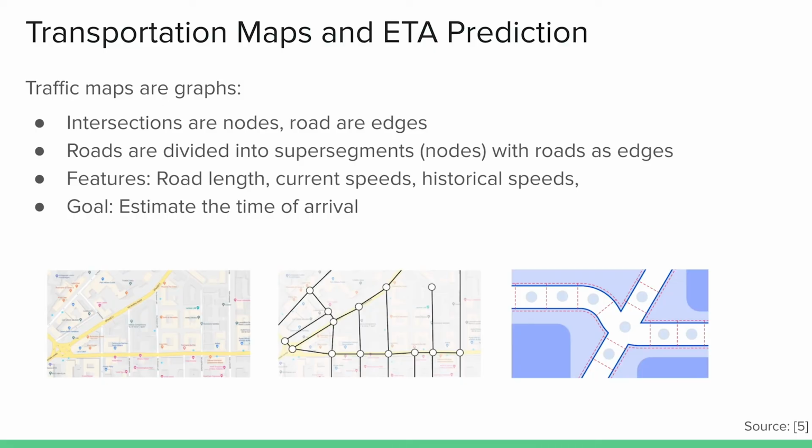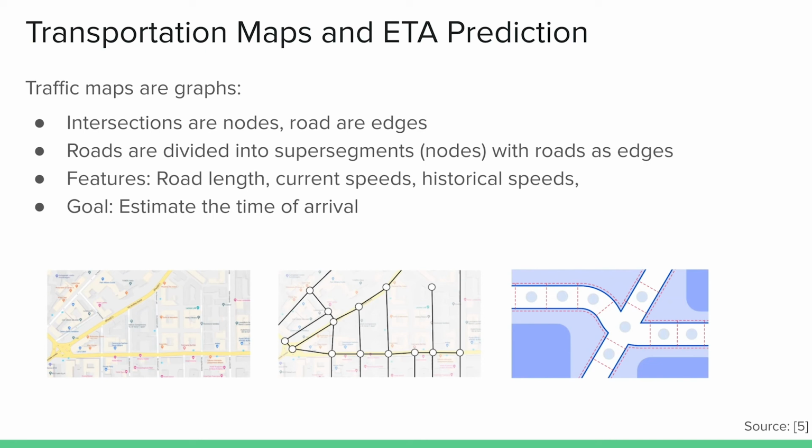The other example that we've already talked about before is obviously transportation maps or street maps, where we want to try to predict the estimated time of arrival. As we've talked before, you could say intersections are nodes and roads are our edges, or you could do something that has been done at DeepMind, which is also quite interesting: instead of saying intersections are nodes and roads are edges, you reformulate the problem.